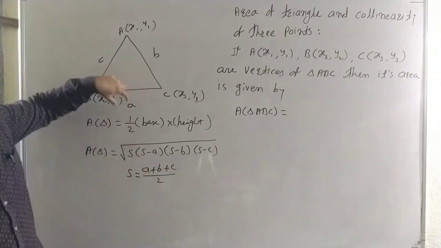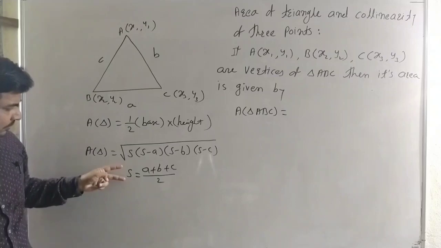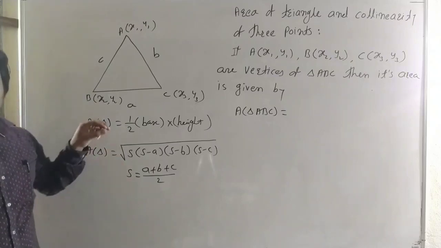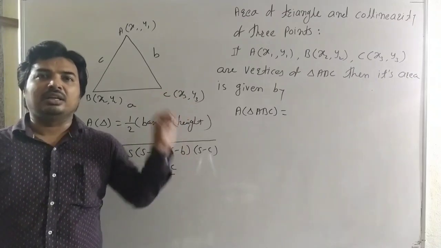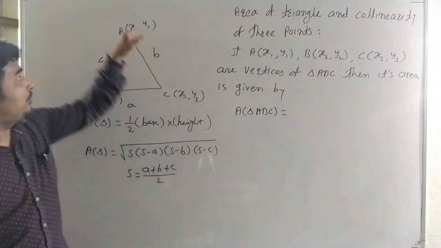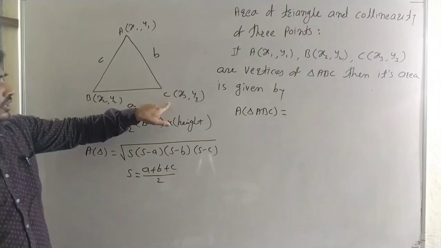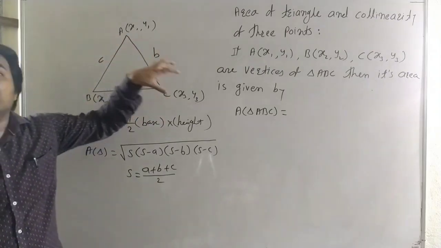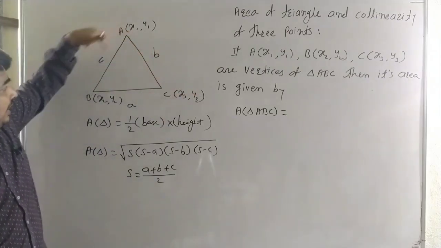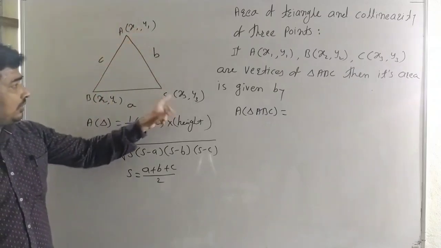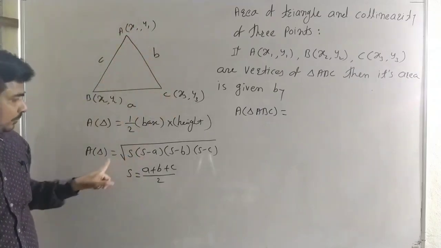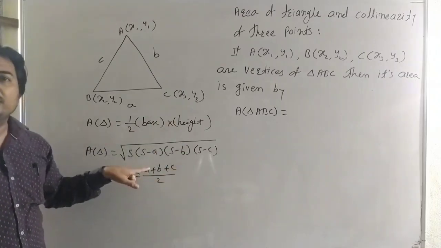When we know the value of A, B and C, we know the value of S. And how to find the value of A, B and C? A, B, C are the lengths of the sides. When the three vertices of the triangle are given, then by distance formula we can find the lengths and so the area of triangle.